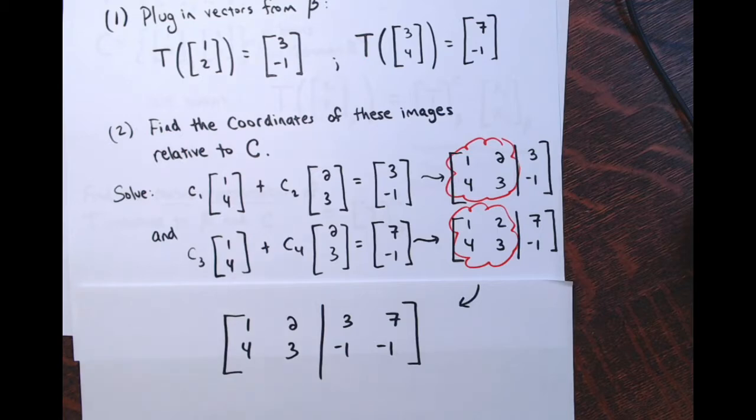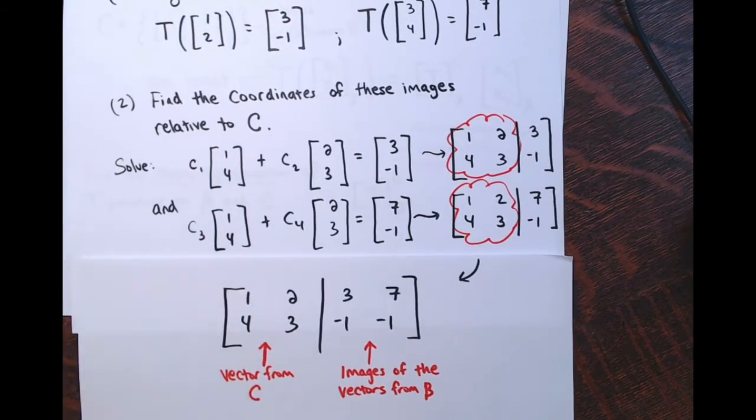What you're seeing over here are the vectors from C, and what you're seeing over here are the images of the vectors from B. That's exactly what they were telling us to do here.